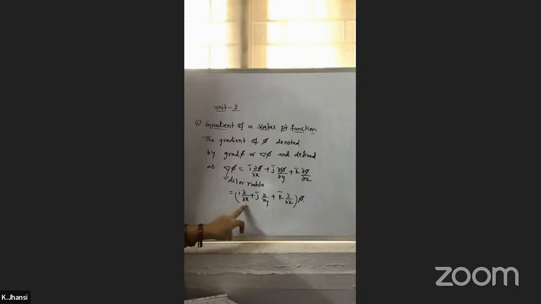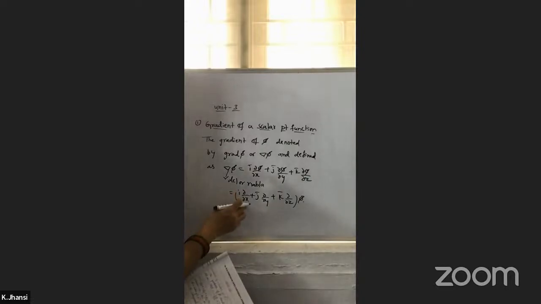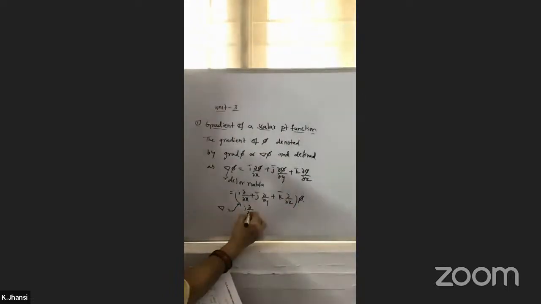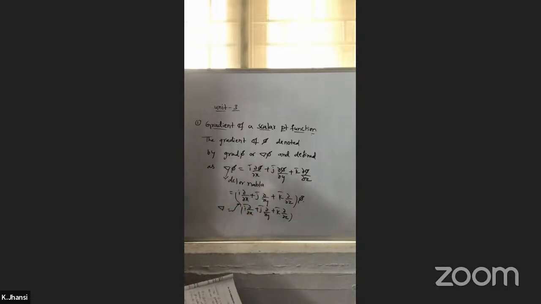Del is i dou by dou x plus j dou by dou y plus k dou by dou z. So del is a vector differential operator, and we call it del or nabla. Here phi is the scalar point function.